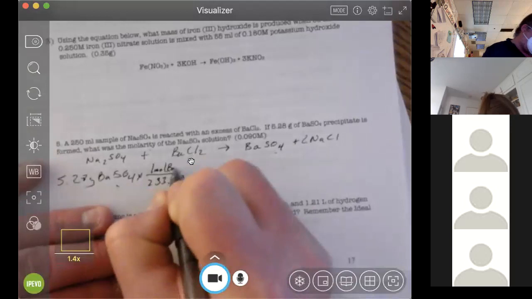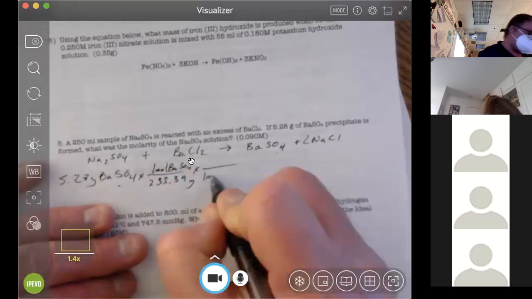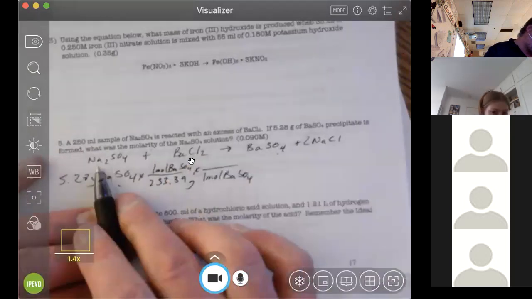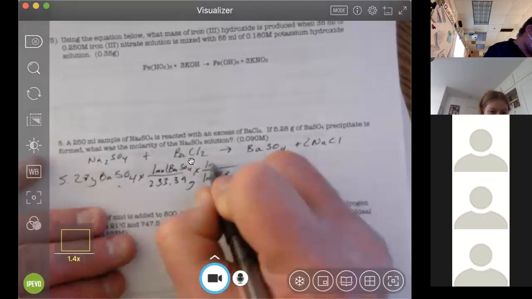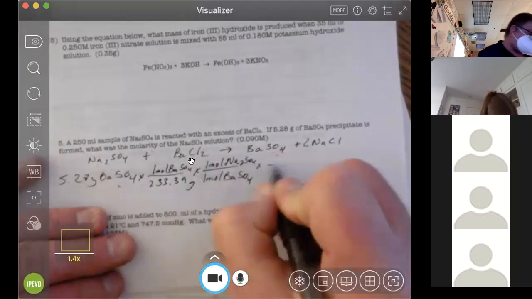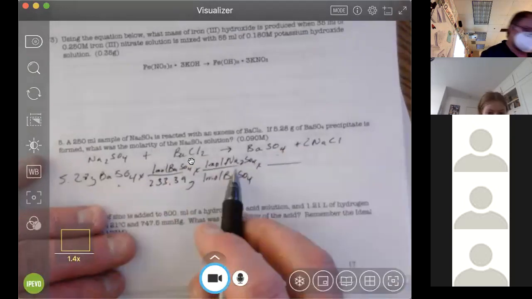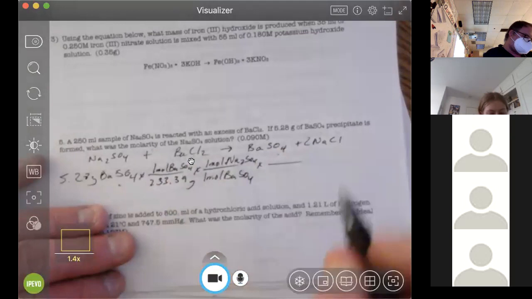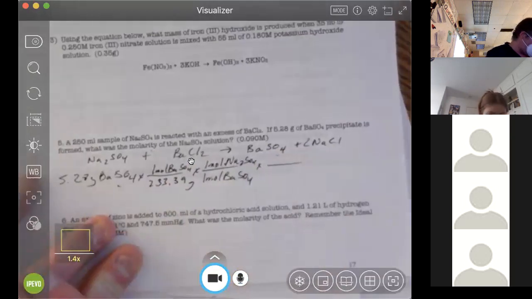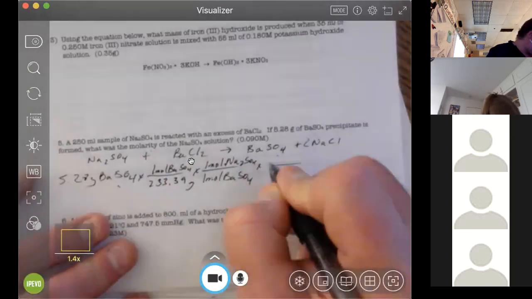Every 1 mole of barium sulfate needs how much sodium sulfate? 1 mole. Oh, look at that, that will actually get me moles. I don't need to use the molar mass for the other one. 5.28 divided by 233.39 is about 0.02262.